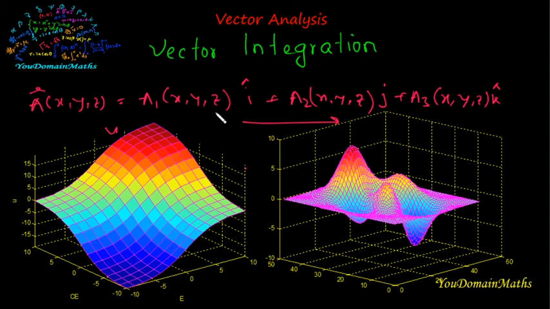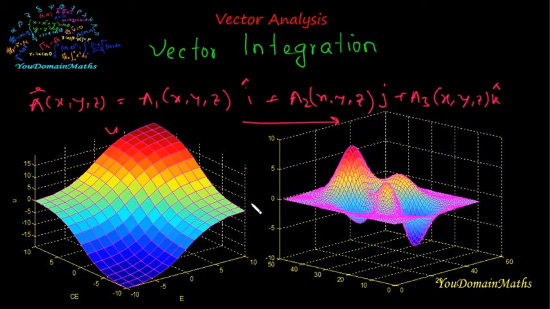When y and z are constant, that means one curve on the surface, lying in a plane. But when z is present, there are ups and downs. So when a vector is written as a function of x, y and z, this defines a surface.